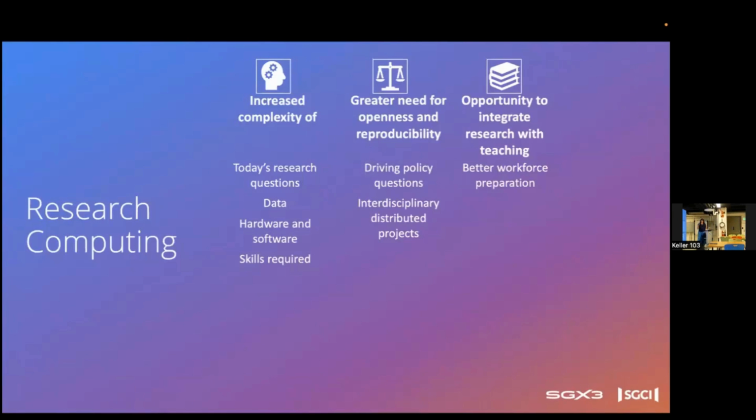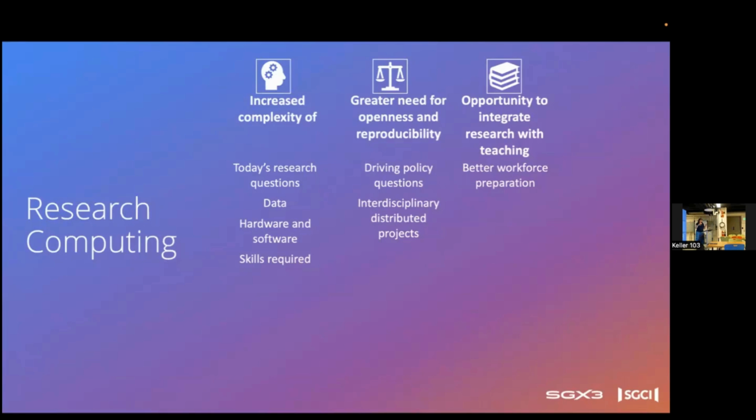And this is research computing. If you look at today's research questions, we have questions we could not even address 20 years ago. Now we have all this data and we have new hardware and software and a lot of skills required to do all this. Then we have the need for openness and reproducibility, policy questions. And a lot of projects are nowadays interdisciplinary.